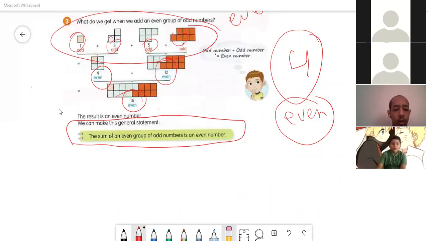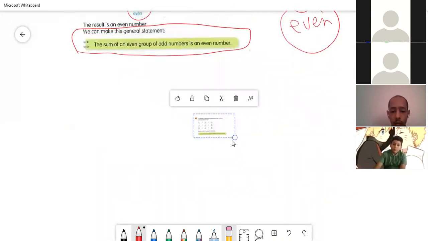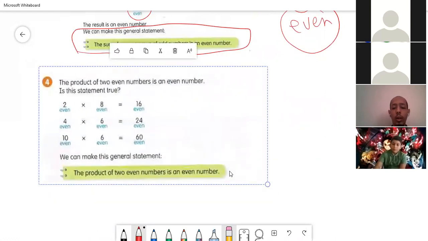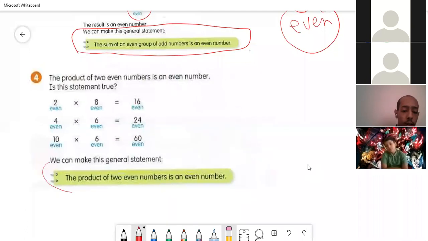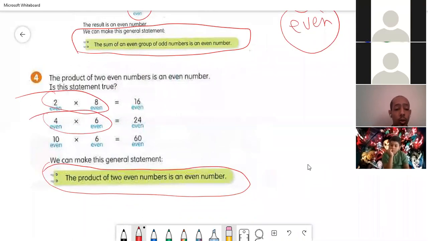Okay, let's talk about the product of even or odd numbers. Here we have the next statement. The product of 2 even numbers is an even number. For example, 2 times 8 equals 16. 4 times 6 equals 24.